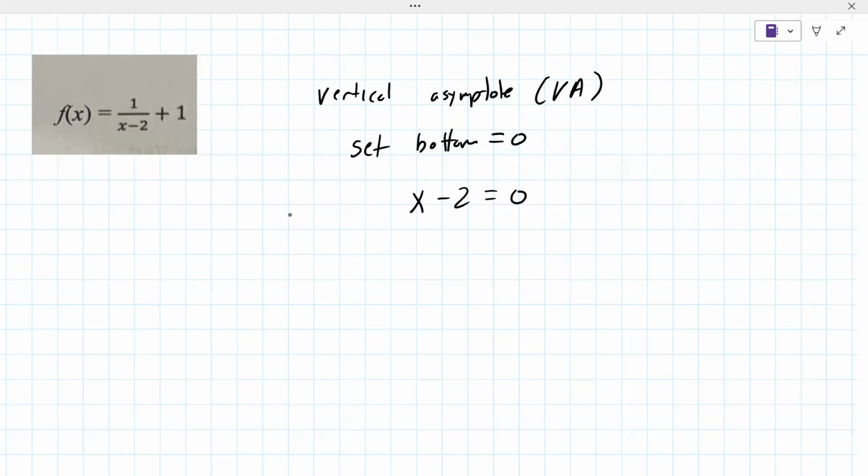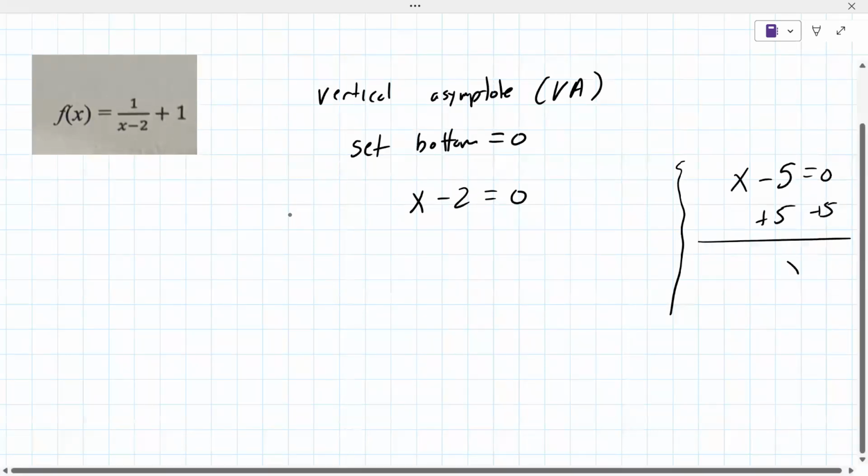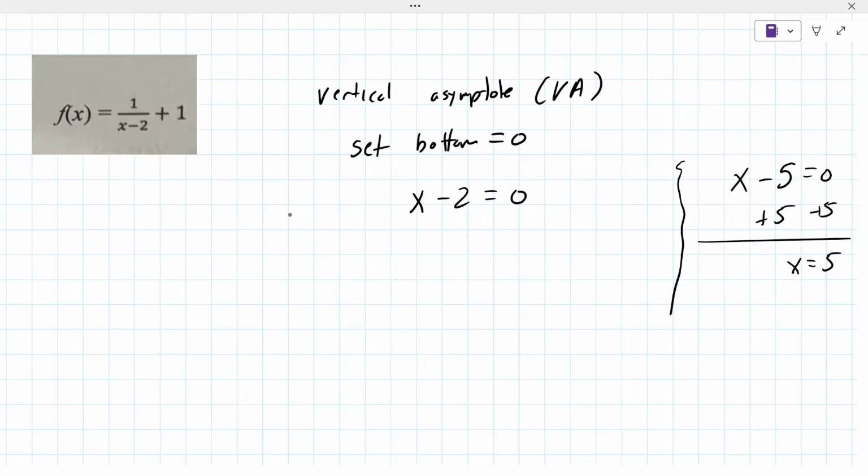Sure, I'll solve one like it. x minus 5 equals 0. Add 5 to both sides. It's just a simple equation, nothing complicated here. Can I write these as an example? Sure.